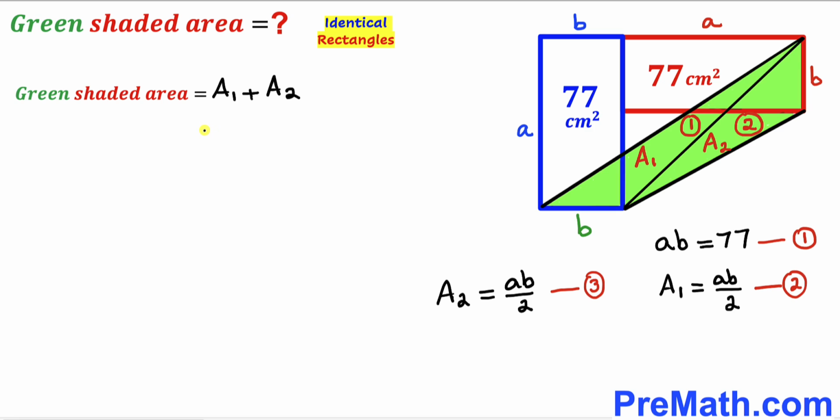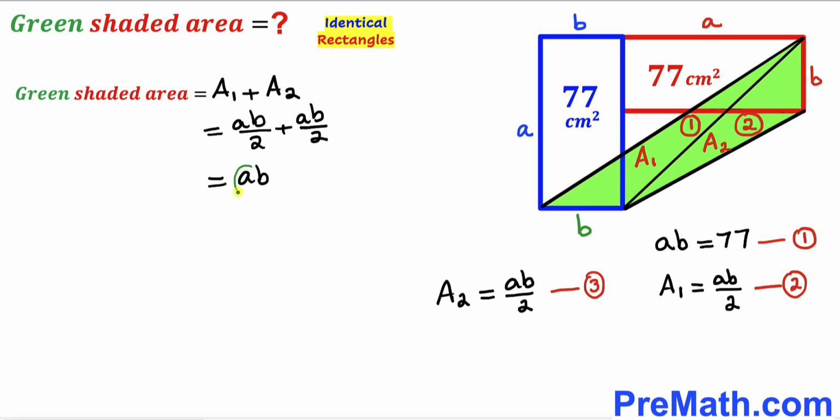So our green shaded region area is going to be a times b divided by 2 plus a times b divided by 2. And if we add both of them, that is going to be equal to a times b. And now let's focus on equation 1. We know a times b value is 77.